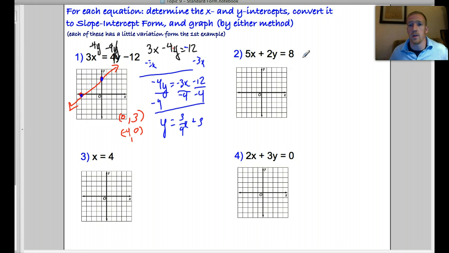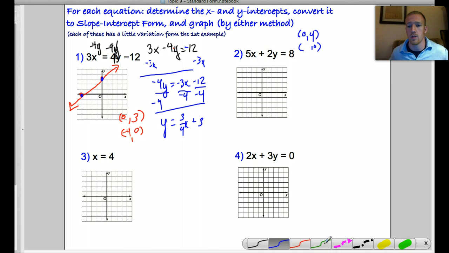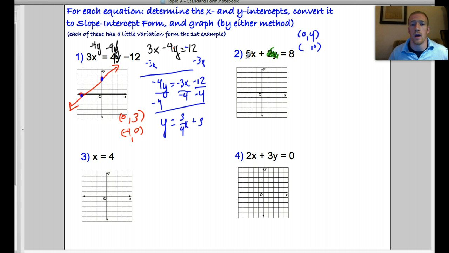Okay, so here, I'm going to get the intercepts. And the reason I showed you this one is the intercepts don't work out to be nice, clean integer numbers. So if I plug in 0 for x, I'm doing 2y equals 8, so y equals 4. And then for the x-intercept, I plug in 0 for y and divide both by 5.